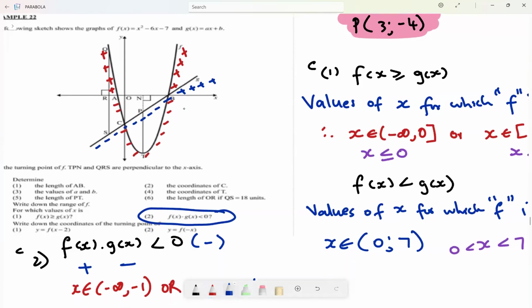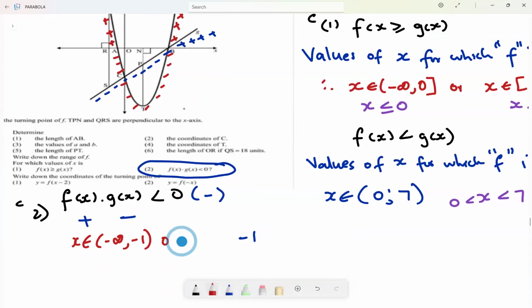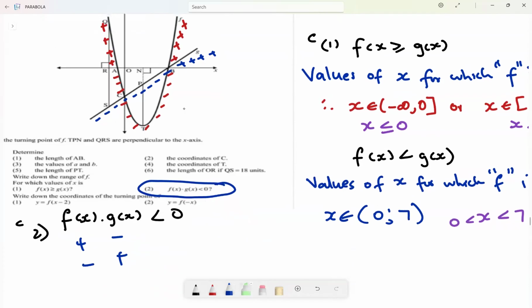So we want the portion where it alternates, for us to get something that is less than 0. For us to get something less than 0, it's either positive, negative, or negative, positive. But when I check this portion, this one is positive, and this portion from this one is negative.